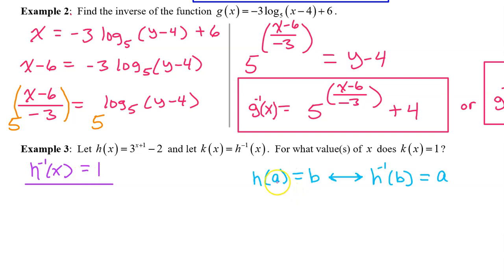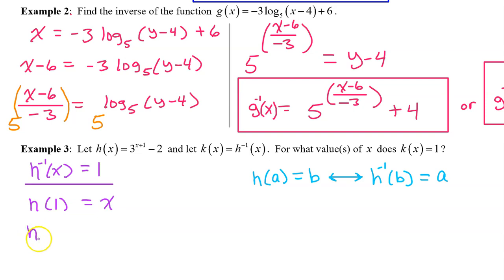For inverse functions, the input values and the output values are reversed. So h at a will equal b if and only if h inverse at b is equal to a. So h inverse at x will equal 1 if and only if h at 1 is equal to x. So we can find this x value by simply evaluating h at 1.